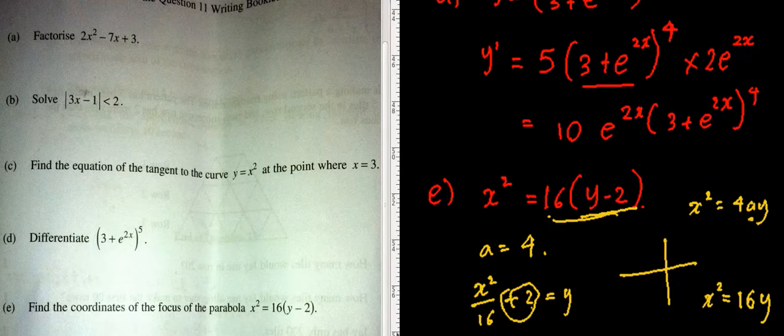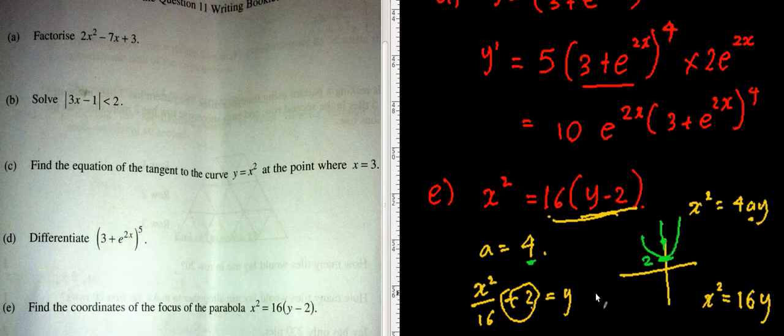Let me just draw this out. It will look something along the lines of this, right? And that point over there is going to be 2. Now the focus, I said a was 4, right? I know it's symmetric, and my focus is on the y-axis.